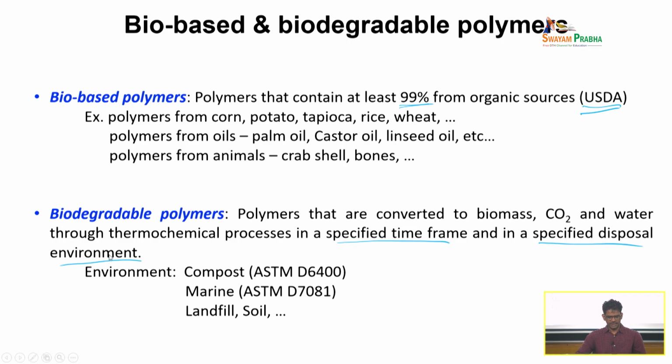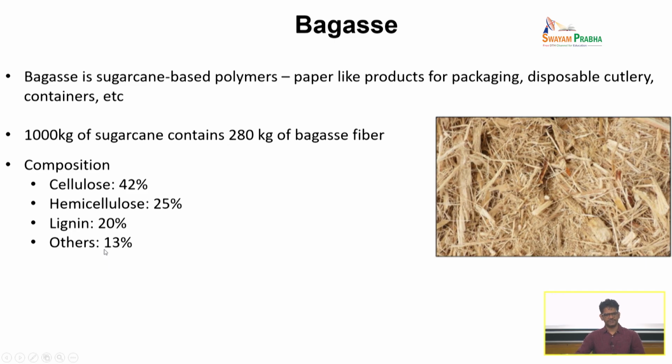Now we have a series of bio-based polymers we can think of. The most pertinent one, which is very widely used, is sugarcane bagasse. The picture you see here is sugarcane bagasse. If you are coming from the hostel in summer, you get sugarcane juice on the roadside.